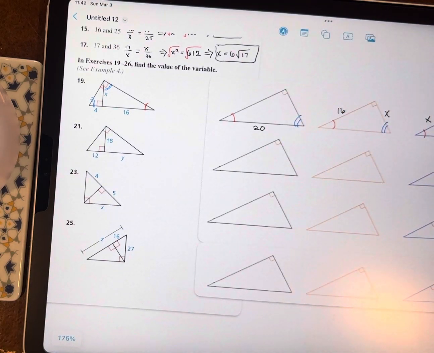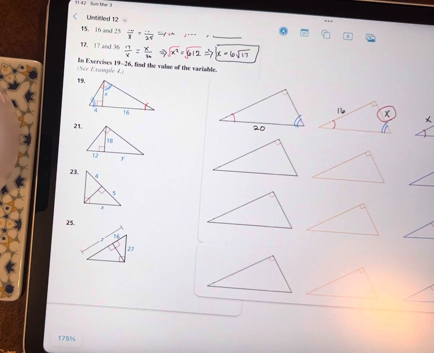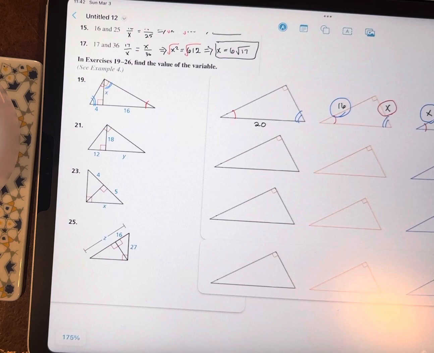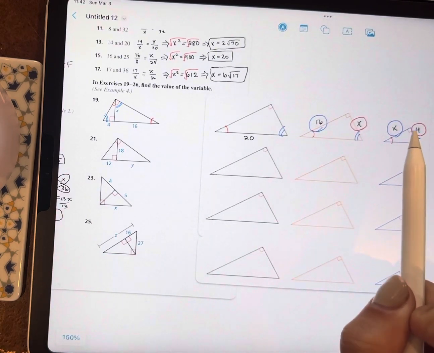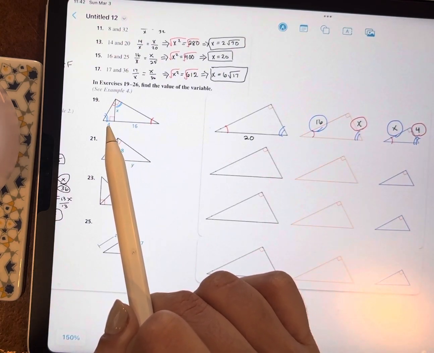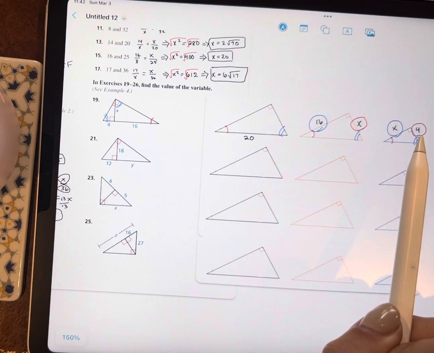All right, here we go. I see that I can do 4 with X, and I can do X with 16. Oh no, you guys haven't been able to see this the whole time. You only missed me putting 4, which was the short leg, over there. The short leg of the small triangle, labeled it.